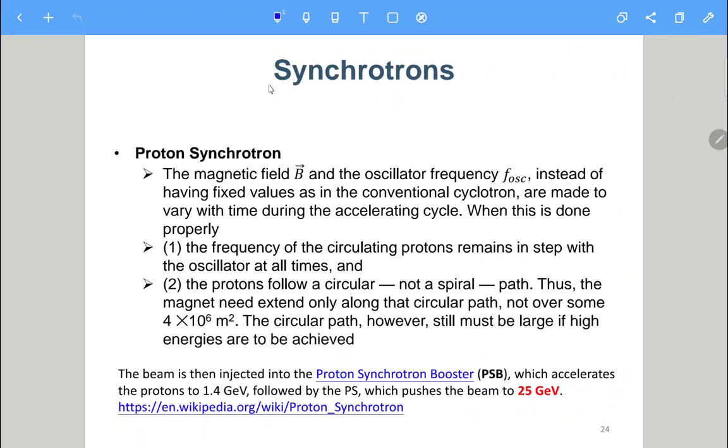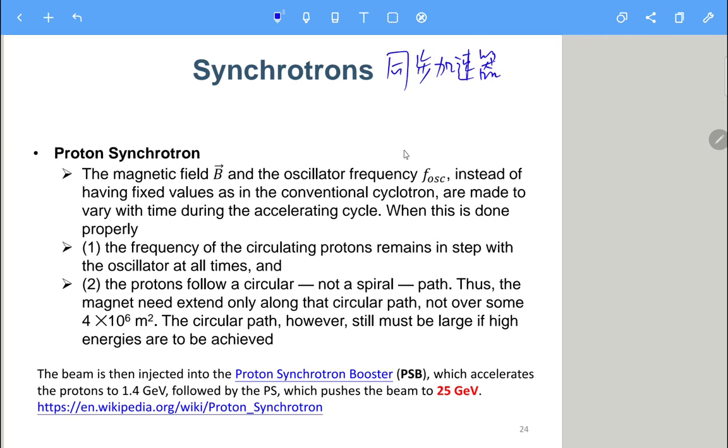So another way of doing particle acceleration is called the synchrotron. In Chinese, it is called 同步加速器. Actually we will not go deep into this one.